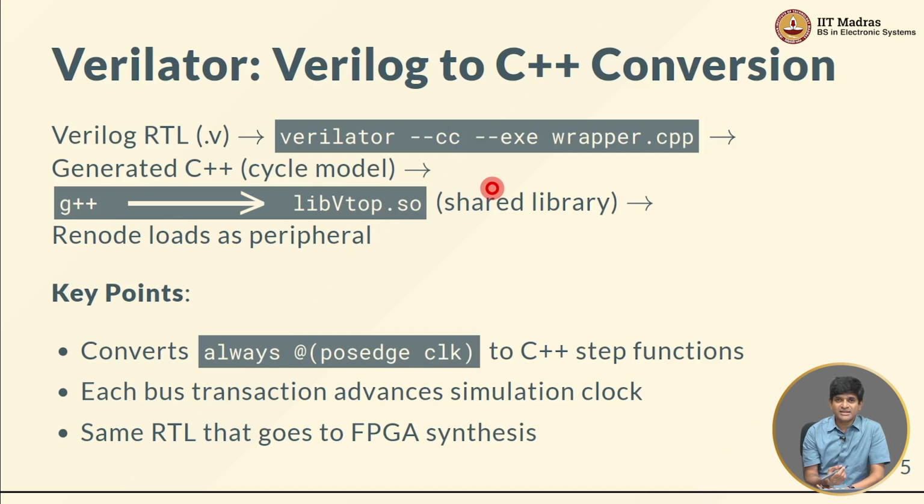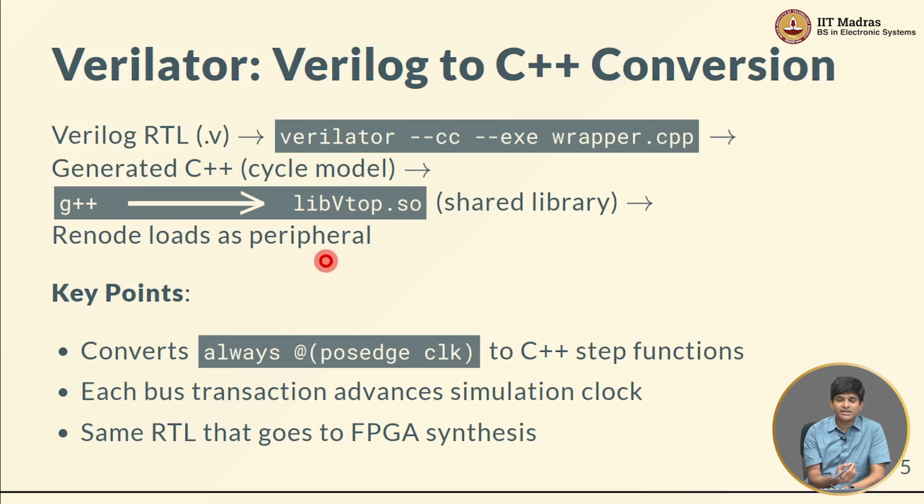And what that means is if there is a shared library with certain functions that have been compiled using a language like C, then I can make those functions available to Renode by linking it internally. And what that means is at some point Renode can be made aware that if it needs to use something called a smart timer, it needs to call these functions, right? So all of that can be handled very neatly.